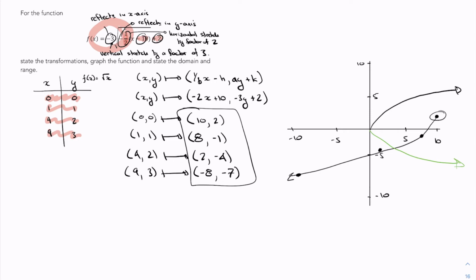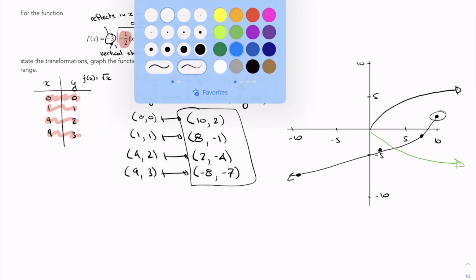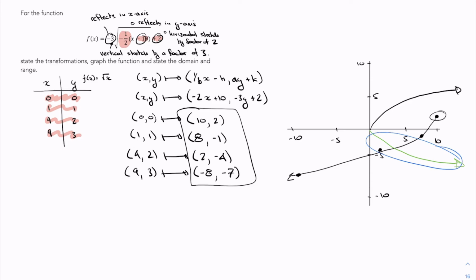And then this negative 1 over 2 means we have a reflection in the y-axis. So again, with a different color, I'll use blue, this last one which we reflected is going to be reflected over here in the y-axis.